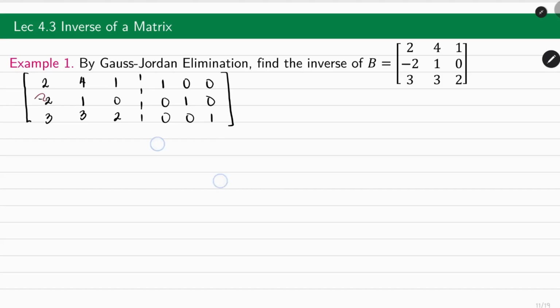Next, our goal is to make this 0. So, you have R1 plus R2 and 3R1 minus 2R3. Is that correct? Okay, let's have the transformation.